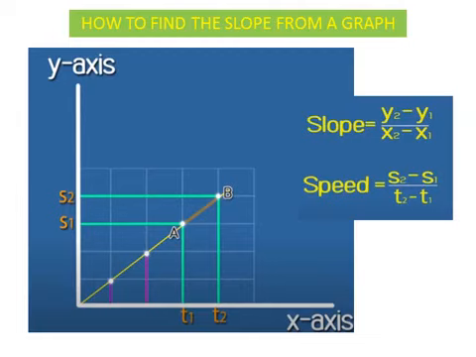Therefore, the slope can be easily found by the coordinates: S2 minus S1 divided by T2 minus T1. In this way, we can identify the slope of the graph, and the slope of the graph will give you the speed of the body covered in that motion.